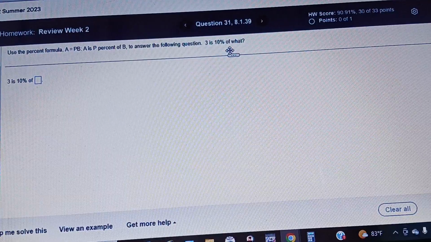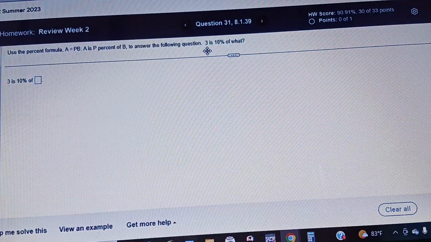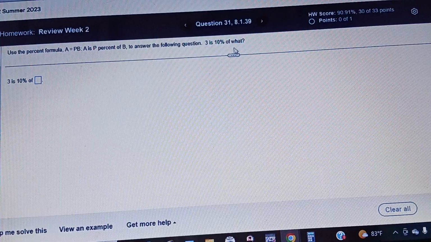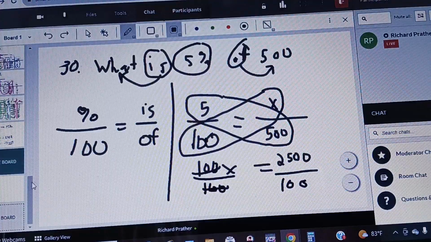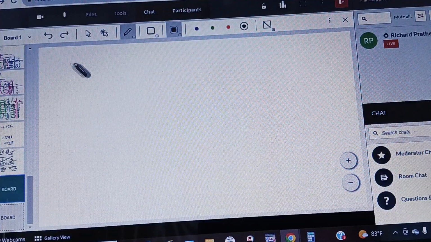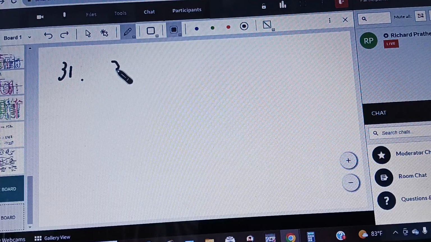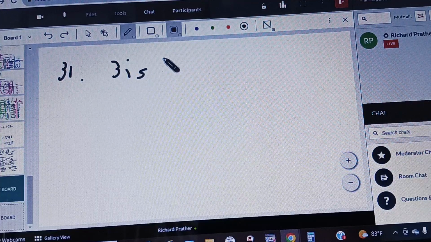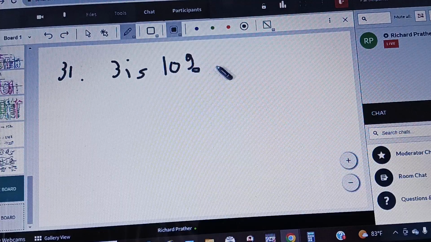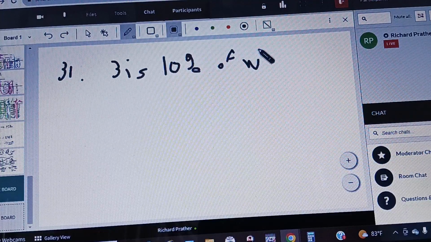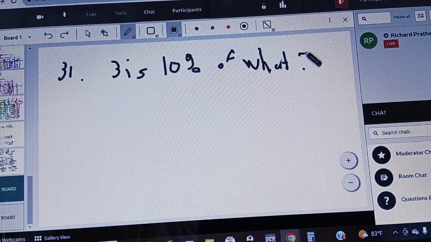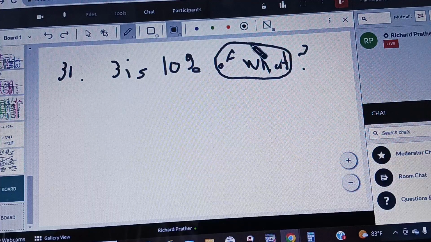But now, same question, except now it says of what? On 31, 3 is 10% of what? This time the unknown is the of.